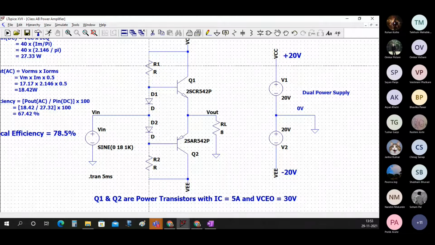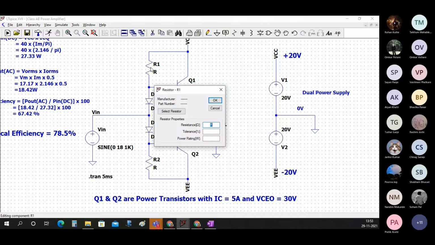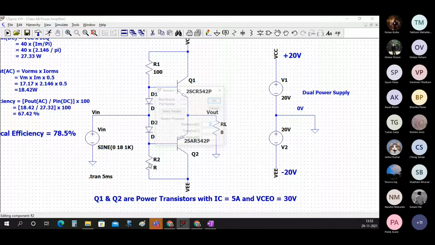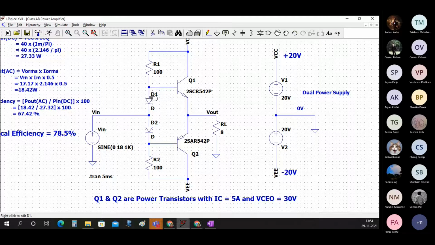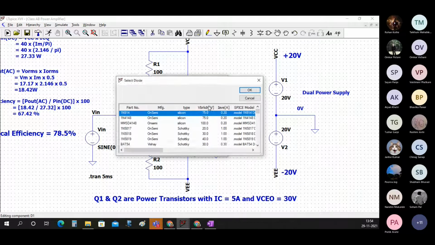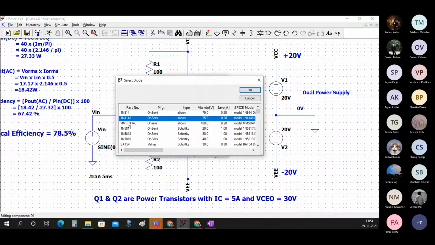Now what should be the values of this R? So keep this as 100 ohms. This is also 100 ohms. And these diodes have to be 1N4148. This is the diode 1N4148 that you have to select.